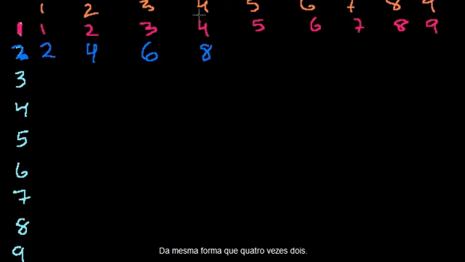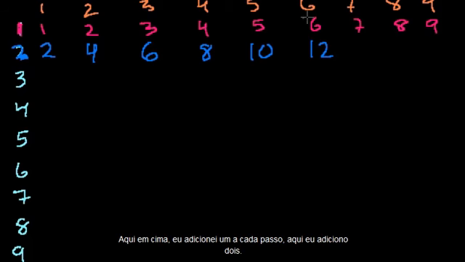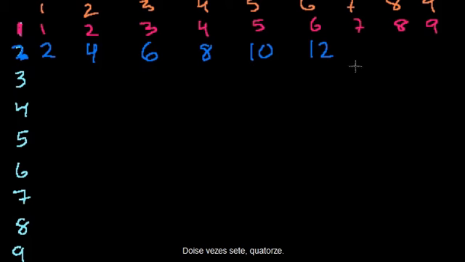Same thing as 4 times 2. 2 times 5 is 10. 2 times 6 is 12. I'm just adding 2 every time, right? Up here I added 1 for every step. Here I'm adding 2. 2 times 7, 14. 2 times 8, 16. 2 times 9, 18.